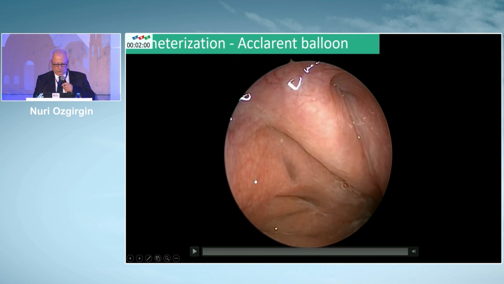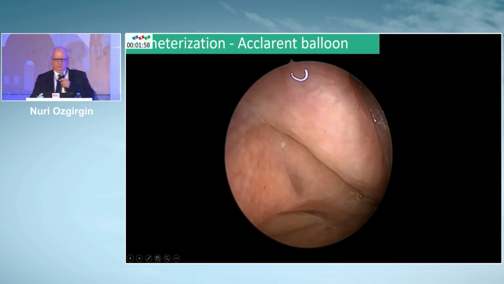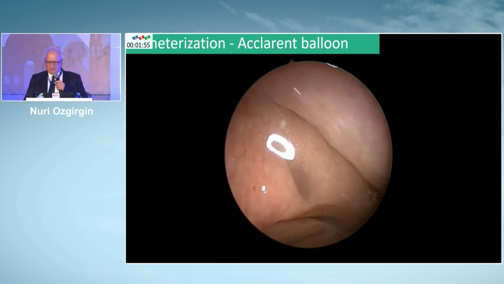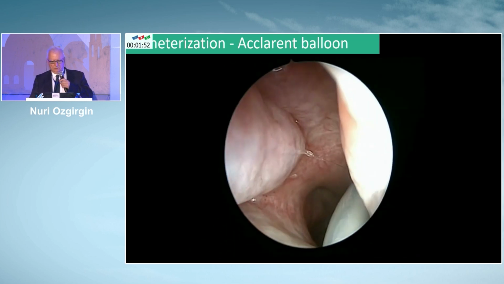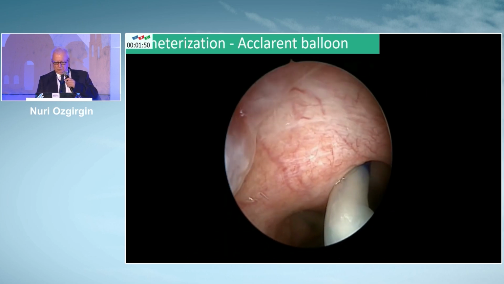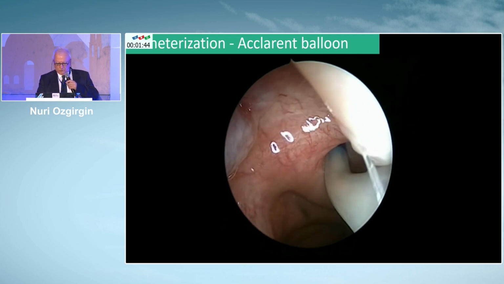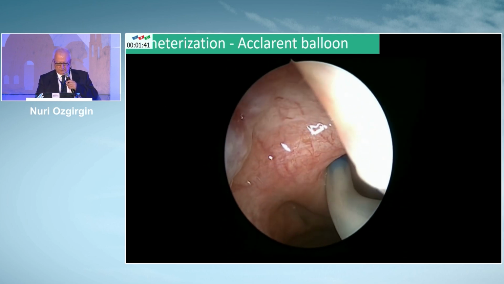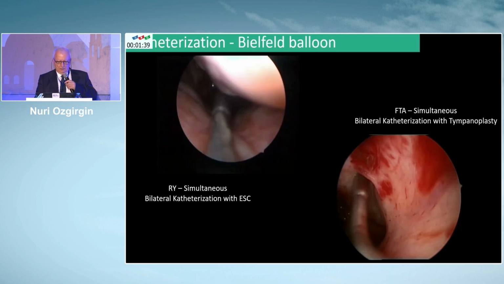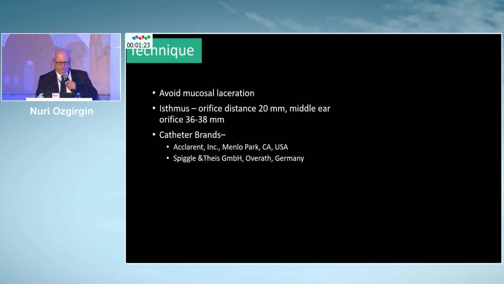And there is the Acclarent balloon, which received FDA approval maybe 10 years ago, and this is being applied only in the US now. I was one of the first to also have experience with the Acclarent. With bilateral catheterization, endoscopic sinus surgery and tympanoplasty, I can generally perform them within the same session.